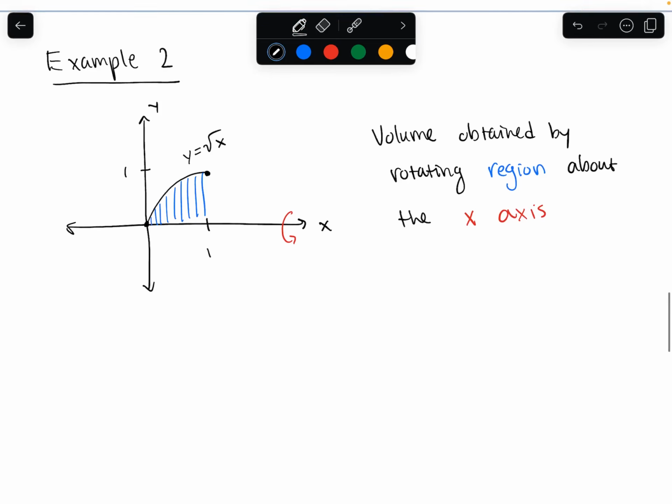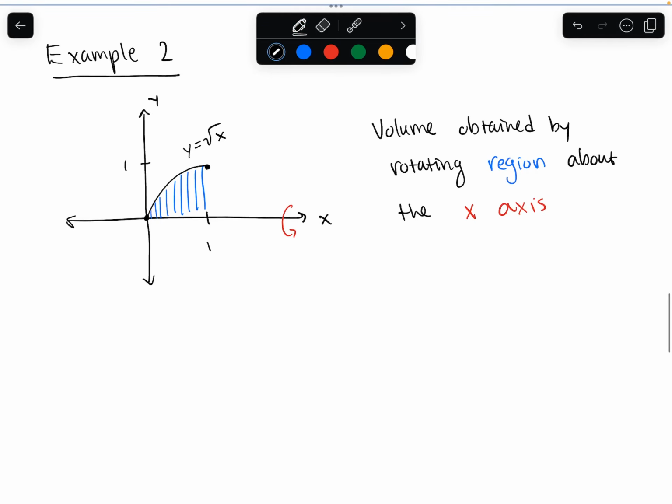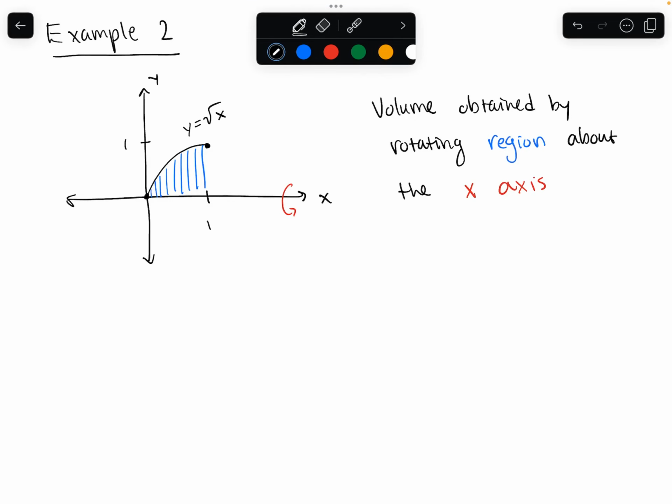Okay, I guess I will try and sketch this a tiny bit. When you rotate this thing, this will create a mirror image down here.